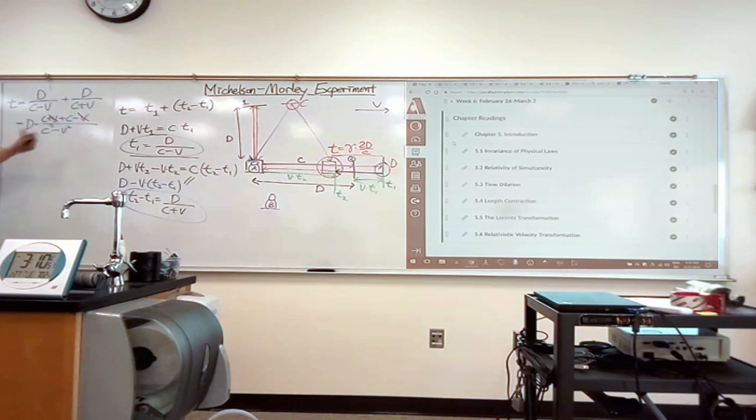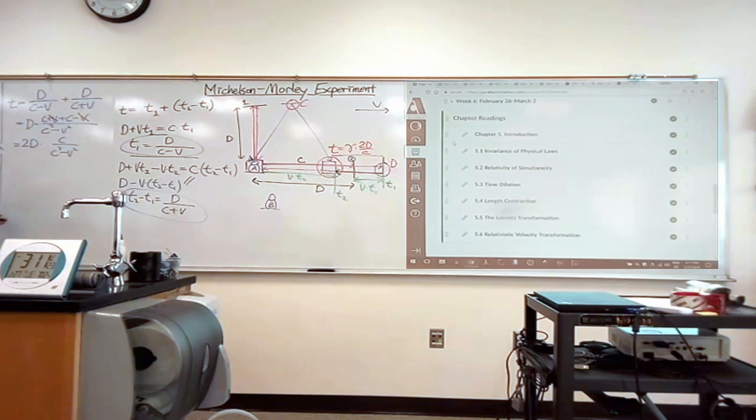I have 2c, so you end up with 2d times c over c squared minus v squared. Let me do a little bit of factoring similar to what I did before. I'm going to factor out a factor of c on the denominator.